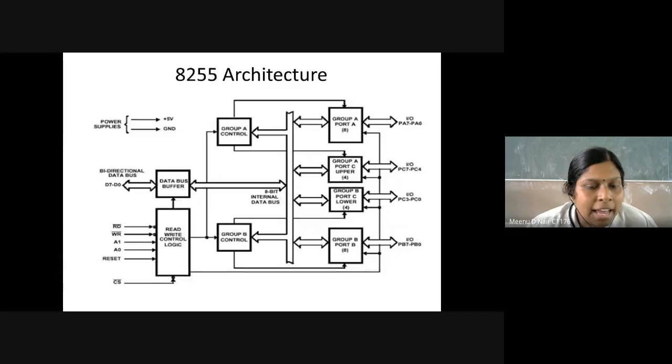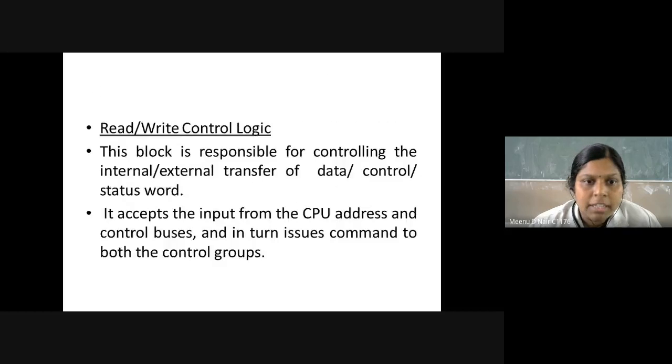Read means the microprocessor will read the information available in the data bus buffer, in the data bus or in the port. Write means the microprocessor will write the information to the other devices, which are peripheral devices connected with the processor. That is the meaning of read or write command.